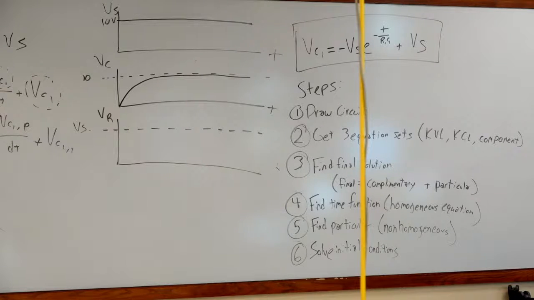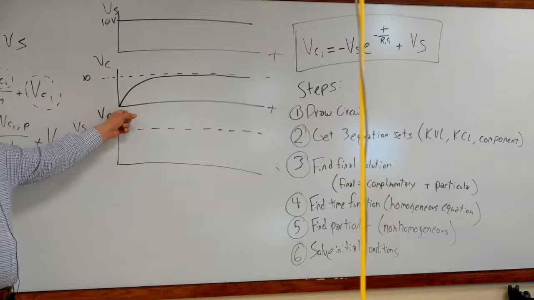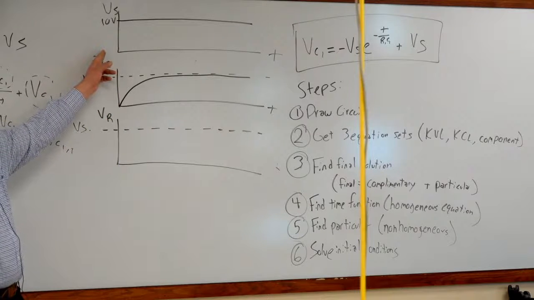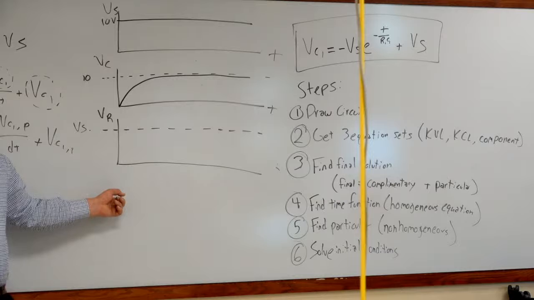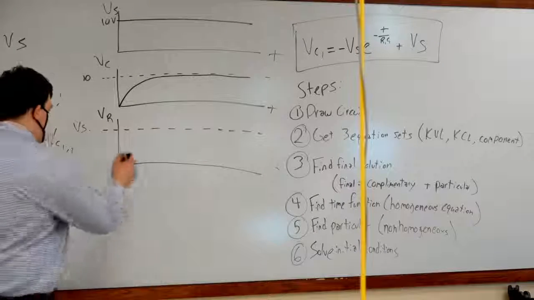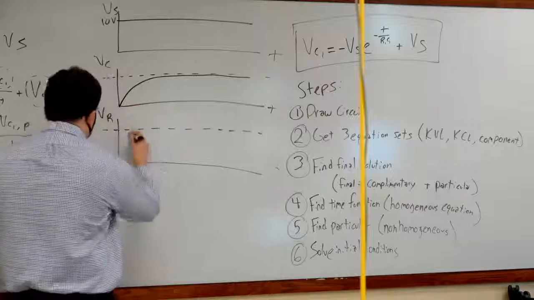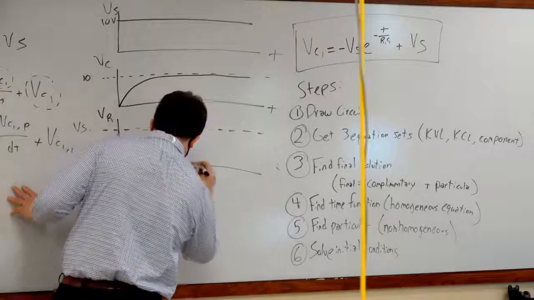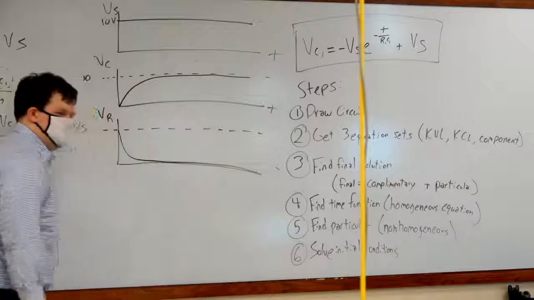Vr1 at 0. What is Vc at 0? What is Vs at 0? So what does Vr have to be at 0? It has to be 10. So it has to start at Vs. And what it's going to end up doing is exponentially decaying to 0.